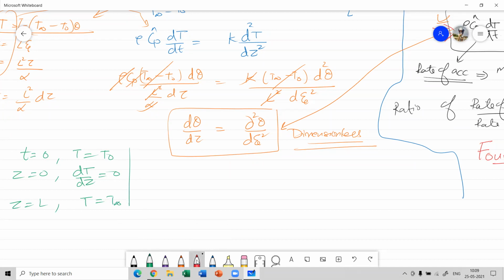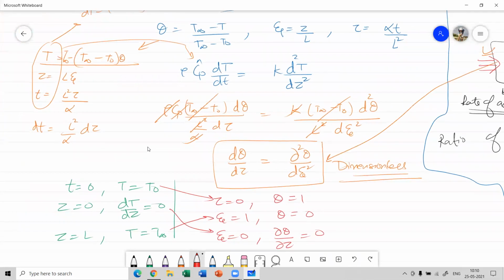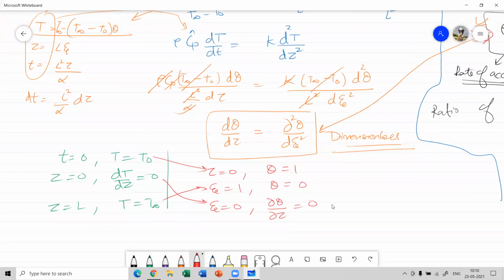Now, in dimensionless variables, at tau equal to 0, theta is 1. When zeta equal to 1, theta is 0. And when zeta is equal to 0, del theta by del zeta is 0. So with these dimensionless conditions, we're gonna try to solve your dimensionless equation.